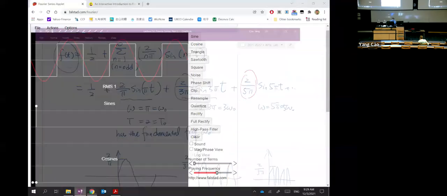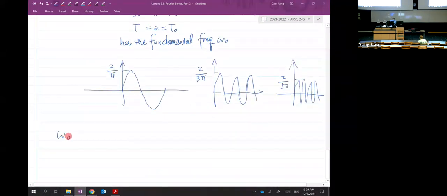Suppose omega equals a different frequency, so let's say 262. This is in hertz. So let's say f naught equals 262 hertz. Okay? And you can calculate omega naught based on hertz. Hertz is 1/T naught, right? That gives you the hertz.